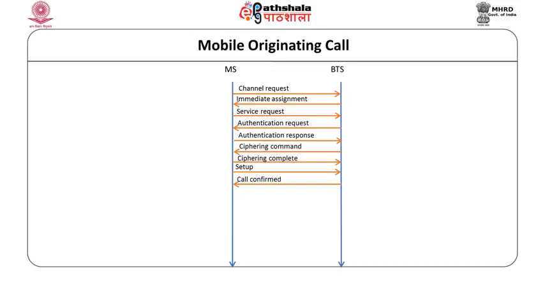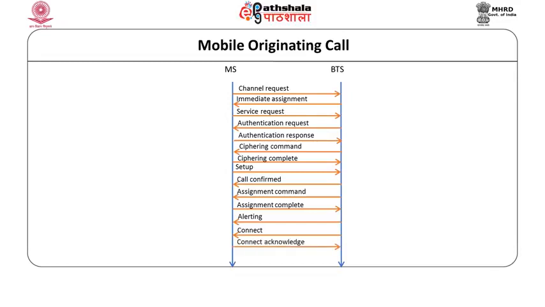After that, a call confirmed message by the BTS and the assignment of the traffic channel, alerting by the BTS indicating that the subscriber has received the call, and it has lifted the call, that is, it has replied to the call by pressing the connect button, then the connect acknowledgement by the mobile station, and finally, the connection establishment is complete and data and speech exchange takes place.